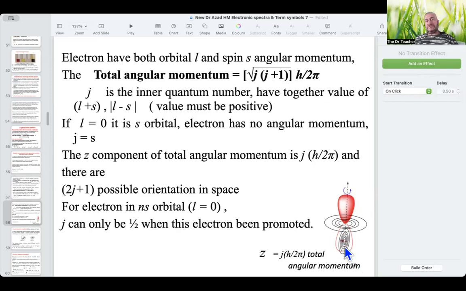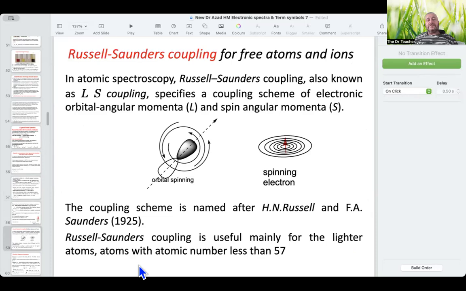So there is a spin orbit coupling here. This is the spinning of the electron, and this is the orbital spinning. So there will be interaction between them. So this is for free atoms and ions, Russell-Saunders coupling.